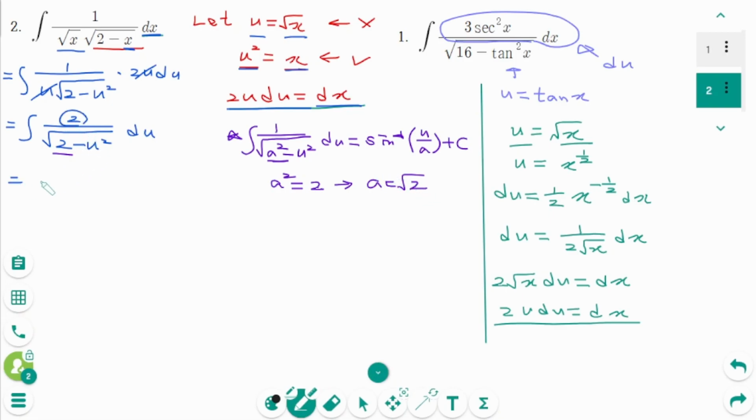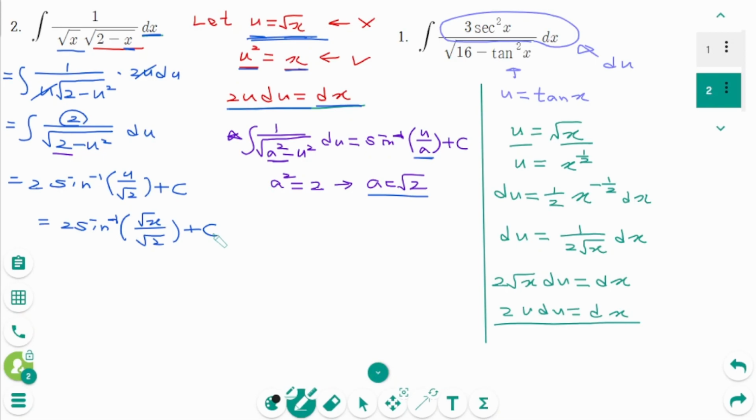Equals 2 times arc sine of u over a, a is square root of 2, plus c, equals 2 arc sine of u, which was square root of x, over square root of 2 plus c, and then the final answer is 2 arc sine of square root of x over 2 plus c.